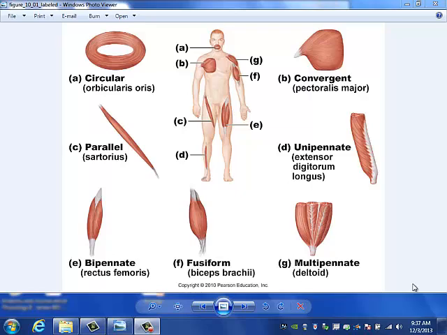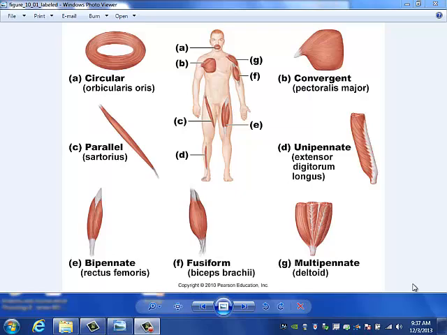Do you know what its name is? The sternocleidomastoid muscle. And it's named for what? All the bones it's attached to, all the bones it interacts with.